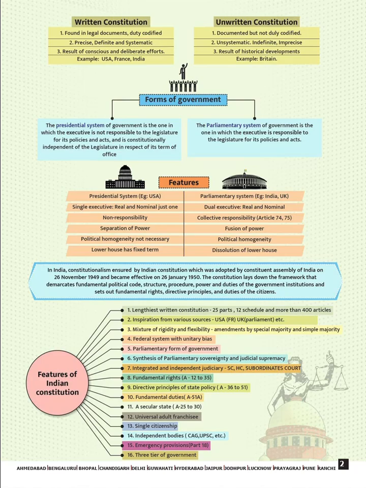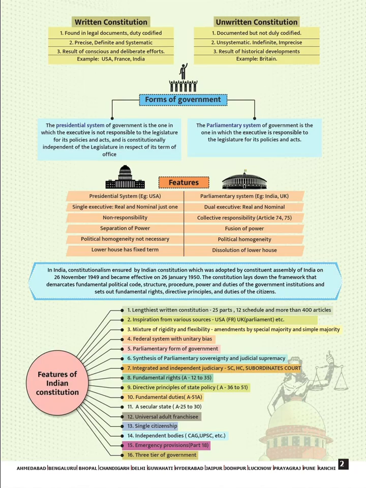Eighth feature is fundamental rights, Articles 12 to 35. Ninth feature is directive principles of state policy, Articles 36 to 51. Tenth feature is fundamental duties, Article 51A. 11th feature is a secular state, Articles 25 to 30. Feature number 12 is universal adult franchise, Article 326.